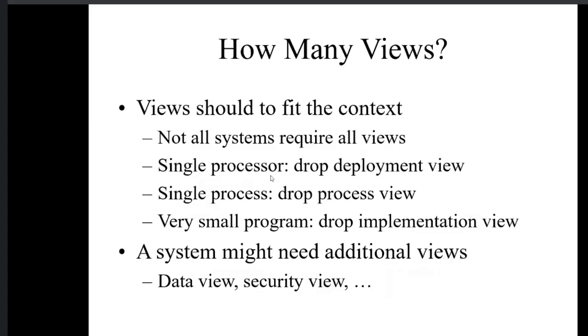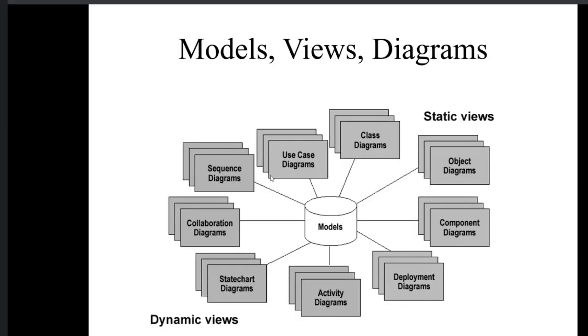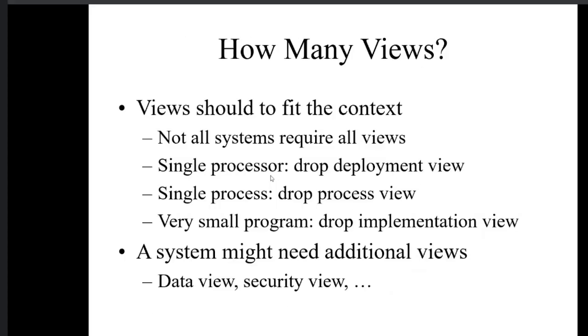Having known about these things, we have to understand how many views we need. We will talk about these diagrams now, but before that, let us talk about how many views we should have. It can be judged according to the situation and the need of our current project.